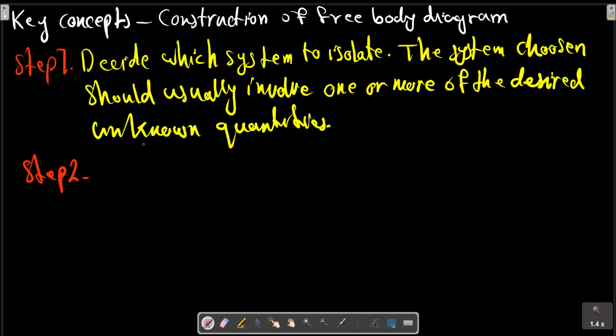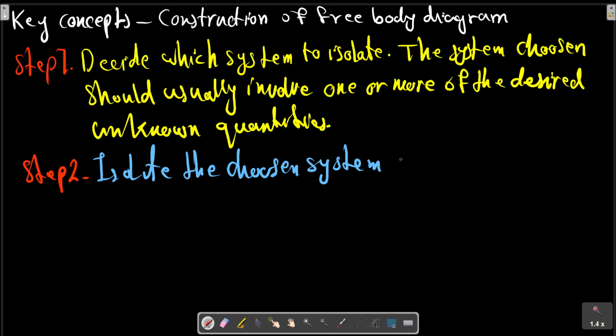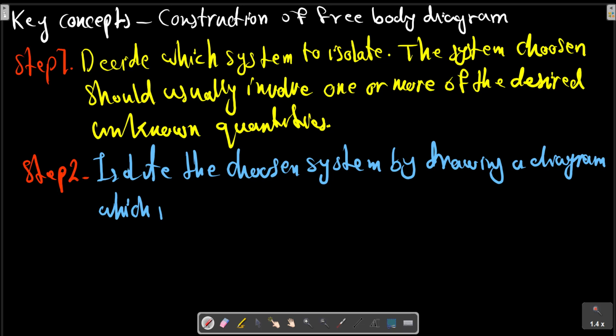Next, isolate the chosen system by drawing a diagram which represents its complete external boundary.